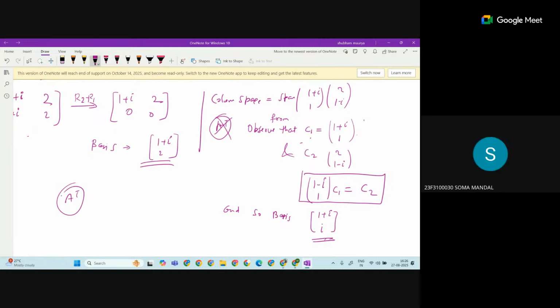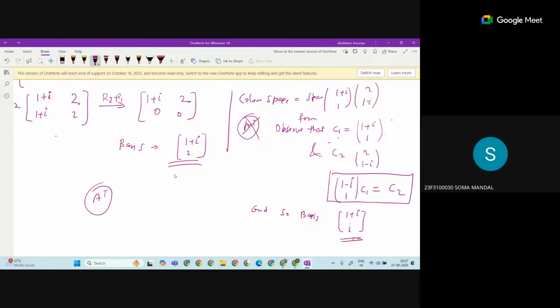Similarly, the row basis answer is 1 plus i, 1 and 1 minus i, 1 and 1 minus i. That is also a simplified basis. If you multiply this by 1 minus i and 1, it will give the same.